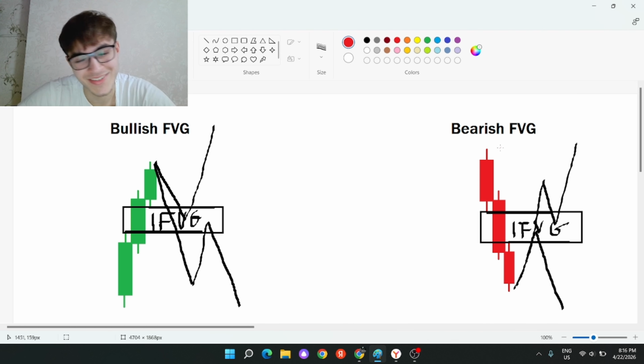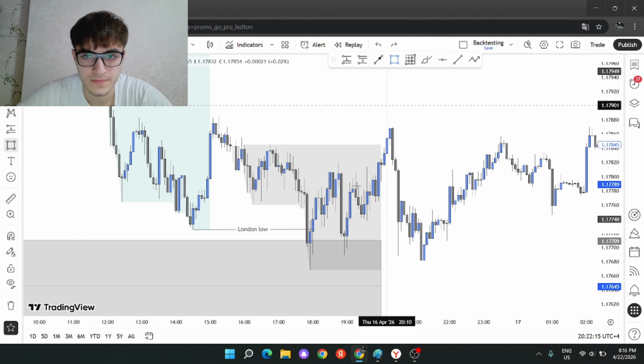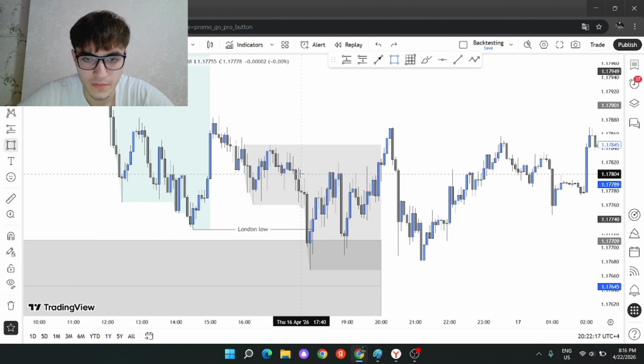So we're looking for the bearish fair value gap. We're looking for three candles right here. We have these three candles.